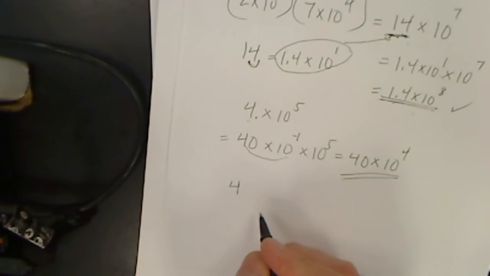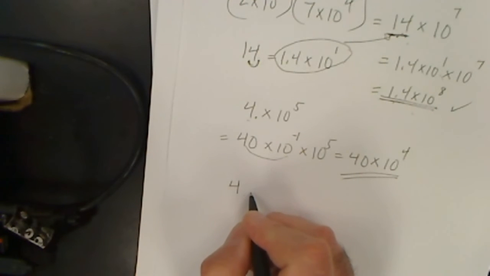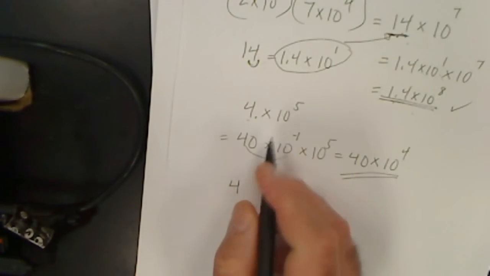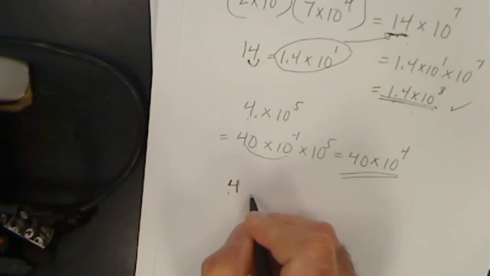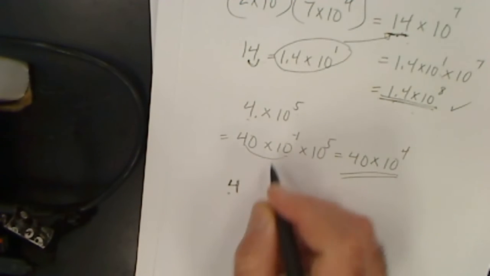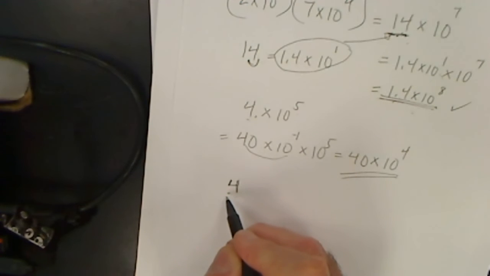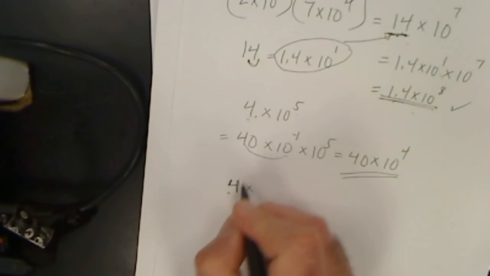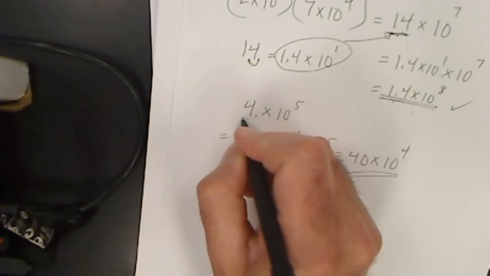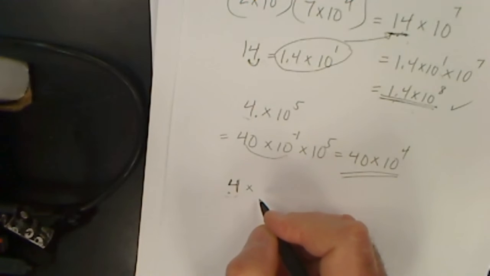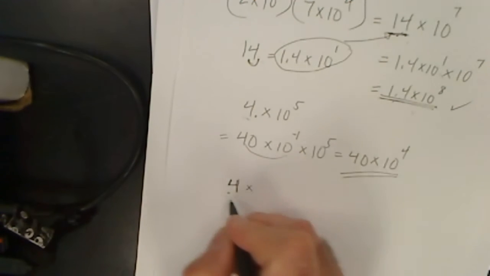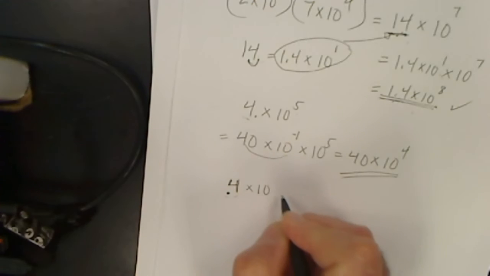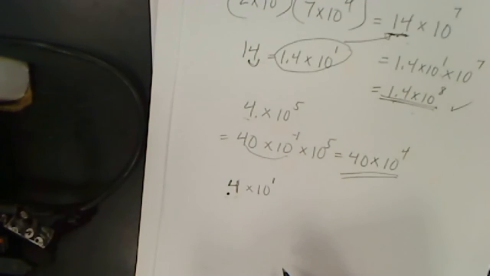Let's do one more little trick though, okay? Oh, I got 3 down here. Now, what if I wanted it to become 0.4? Then how do I make this 0.4? This time I moved it one place to the left, right? So instead of 10 to the minus 1, what would it be? 10 to the positive 1, right?